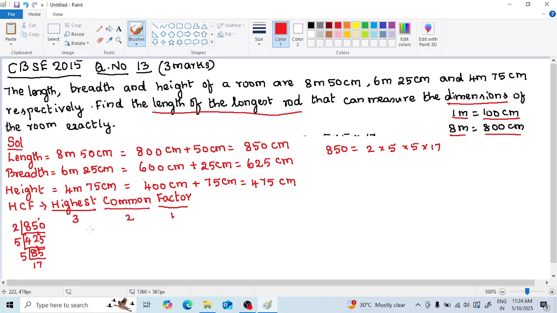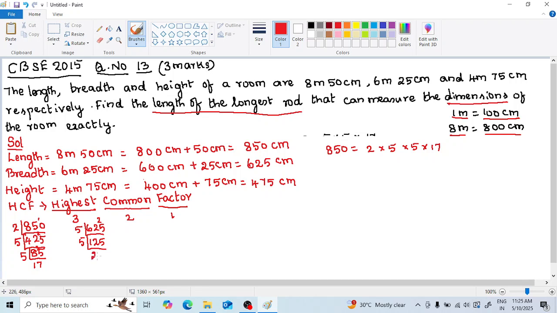Now 625. Factorizing 625, it is ending with 5. Therefore it is divisible by 5. 12 fives are 60, remaining 2. So 5 fives are 25. Again it is ending with 5, therefore divisible by 5.